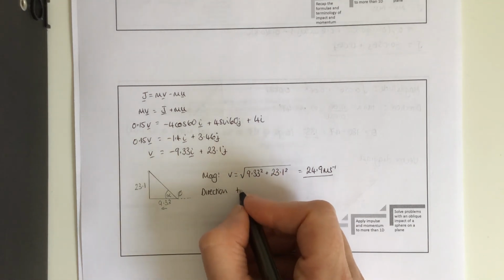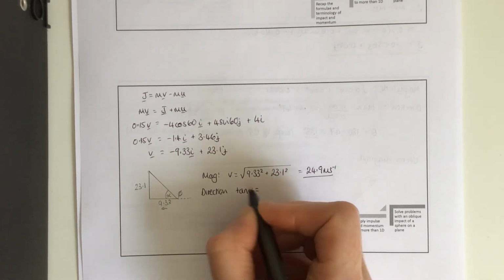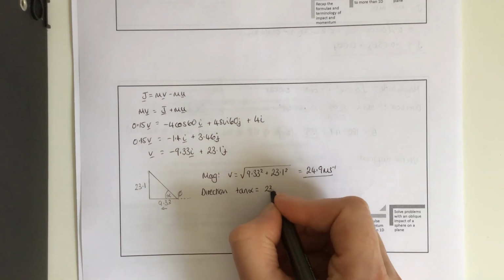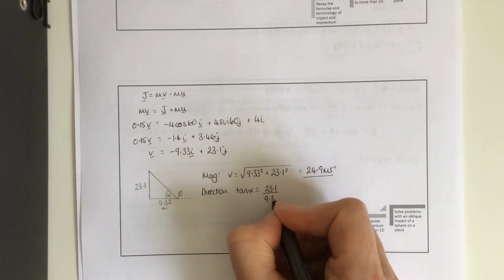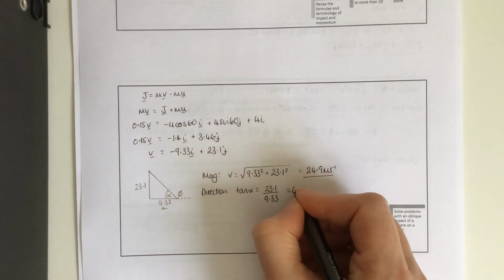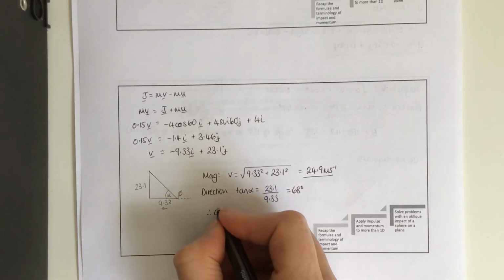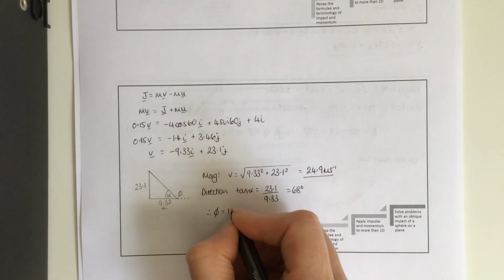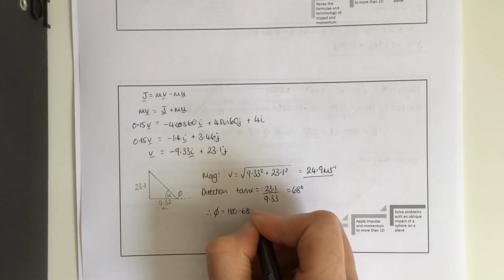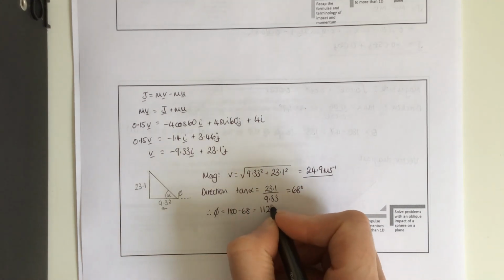So tan alpha is opposite, which is 23.1 over 9.33, which is 68 degrees. So therefore my phi is 180 minus 68, which is 112 degrees.